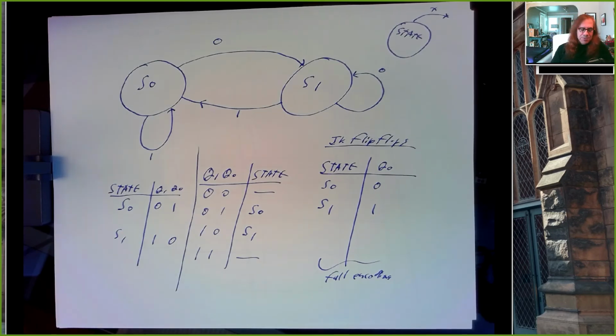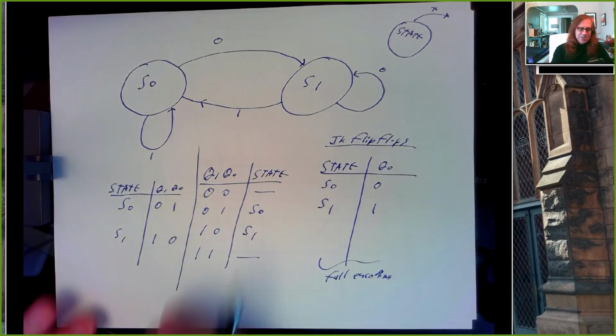It takes more hardware because we have to use more flip-flops, and it's more complex to build it. But when we make our truth table, we're going to find a lot of don't cares, because a lot of these states are considered invalid.